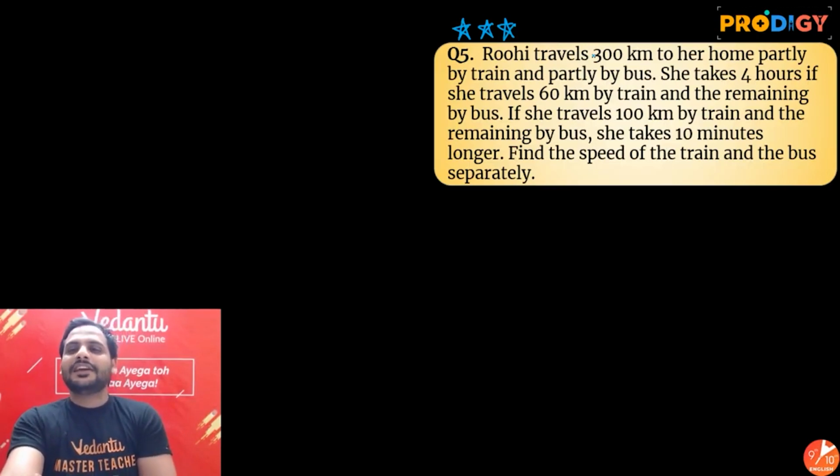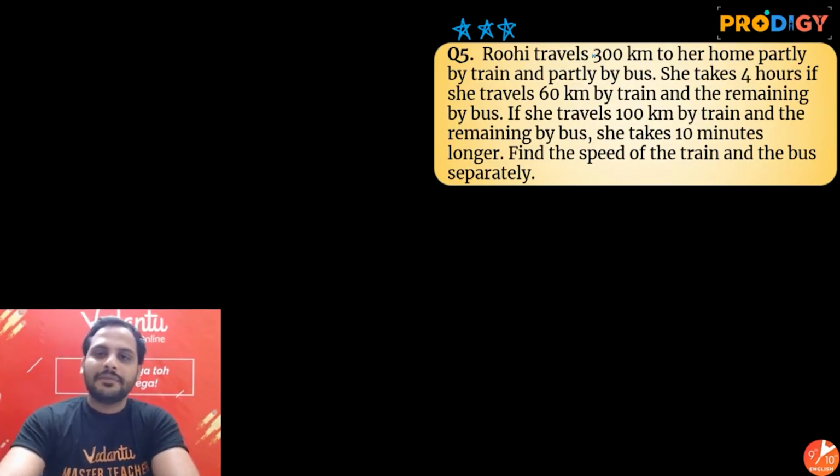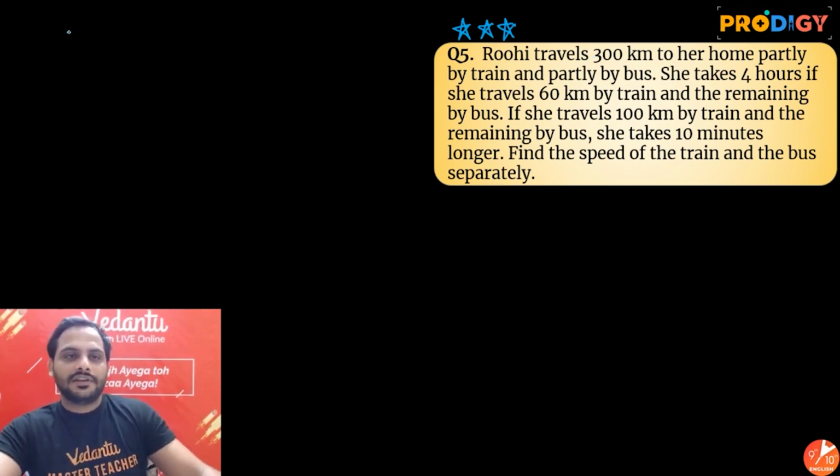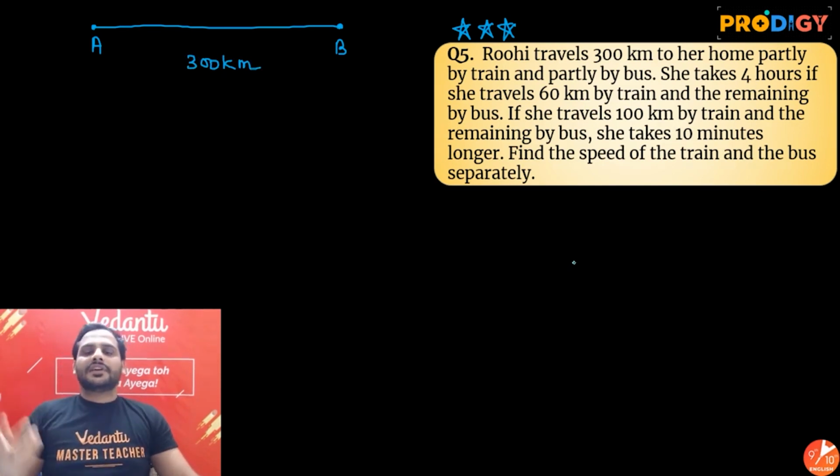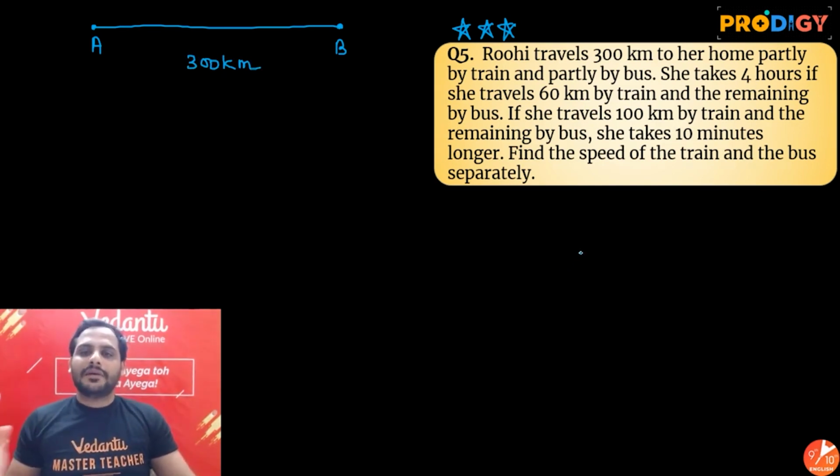So this question: Ruhi travels 300 kilometers to her home, partly by train, partly by bus. So देखो, what is the condition here? This is the total journey from A to B, है ना. This complete distance is given as 300 kilometers. Some distance is covered by train, some by bus.